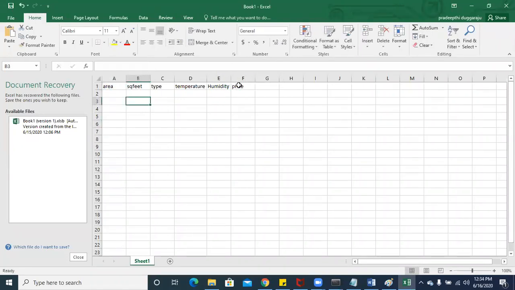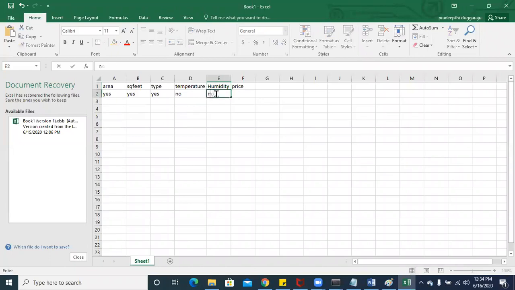Is square feet necessary to predict the price of a house? Yes. Type? Temperature? No. Humidity?